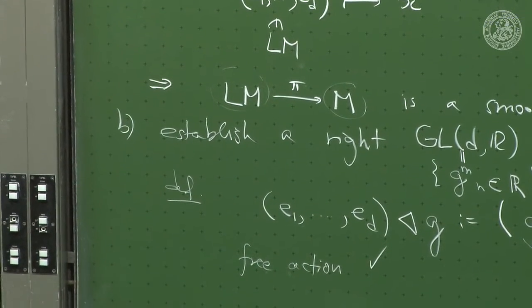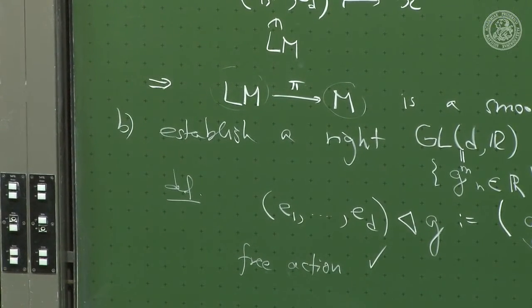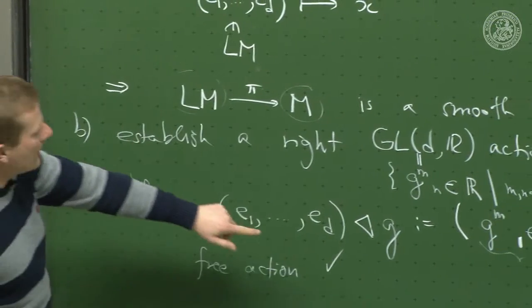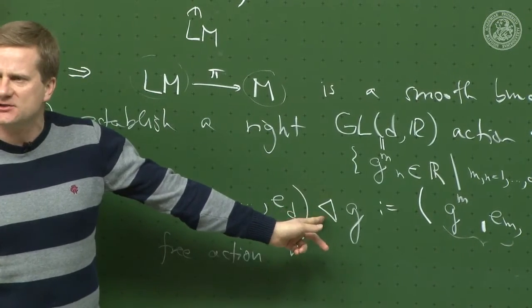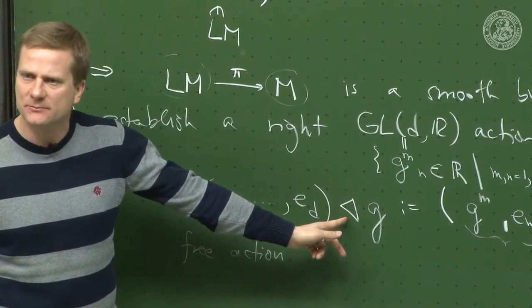That's good. And so the question is, once the total space of this frame bundle is equipped with such a free right G action, is this a principal G bundle?